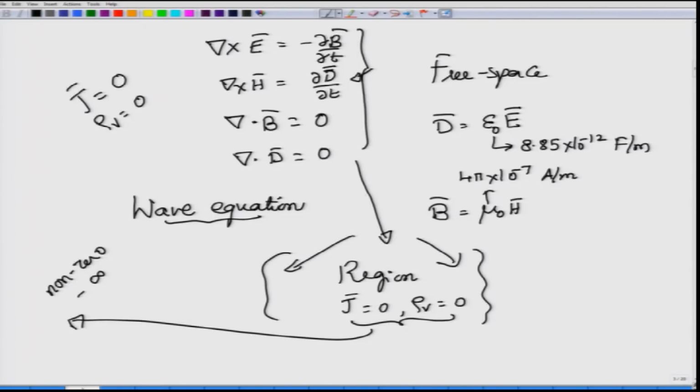It turns out that they do not become 0, and in fact, because E can sustain the H field and the H field can in turn sustain the E field, even though there are no source terms in the region that we considered, it is possible for us to have wave phenomena, and electric and magnetic fields are part of this wave phenomena. The equation that we are going to derive now describes how electric and magnetic fields behave in the region, even though the source quantities are themselves 0 in that given region.